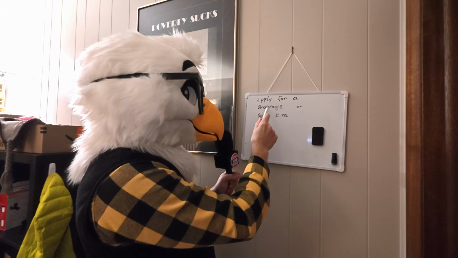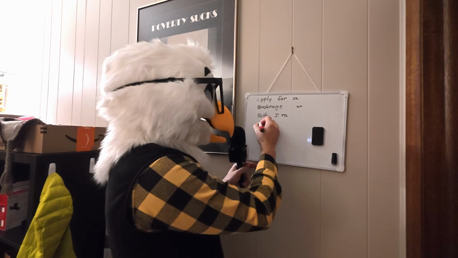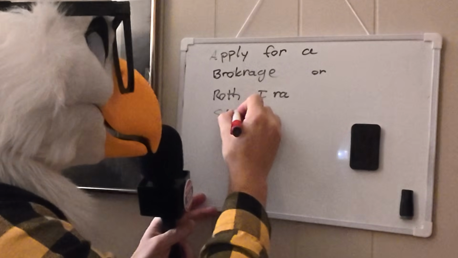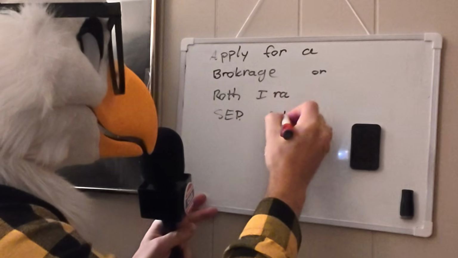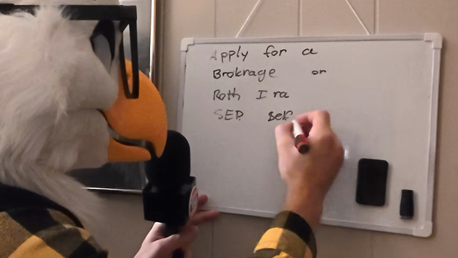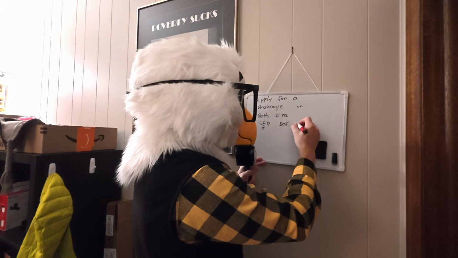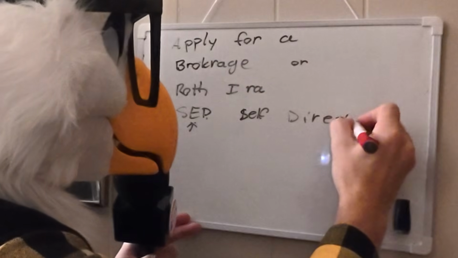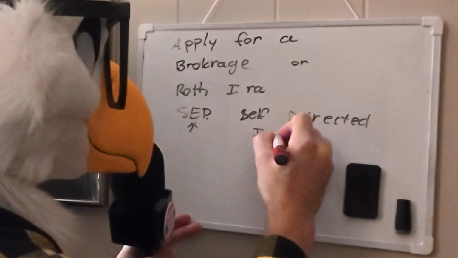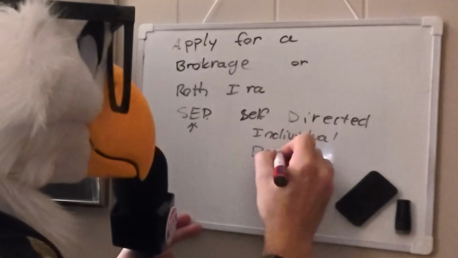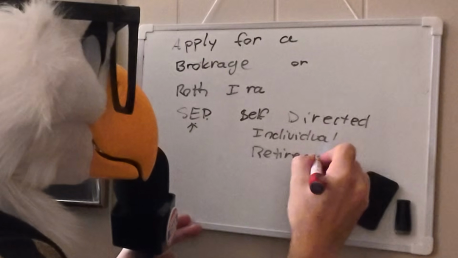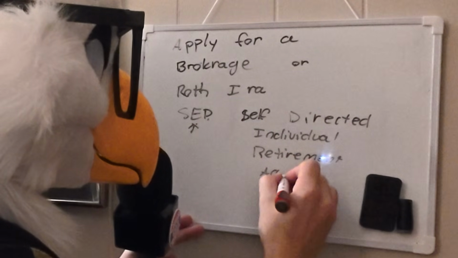You will choose either brokerage or Roth IRA. You may also see the option for SEP. I forget what the E stands for. I just know it as a self-directed individual retirement account.